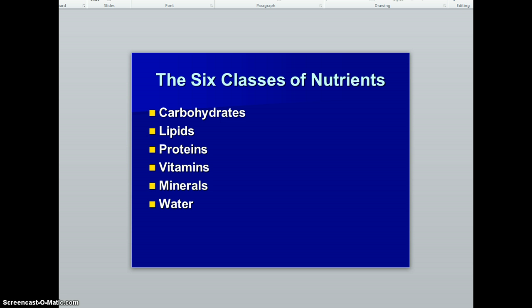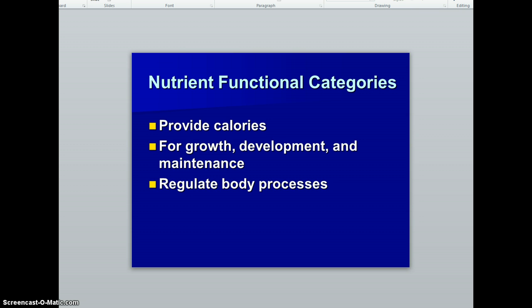Let's get into the nutrients, and we're going to study these much more in depth throughout the semester, but the six classes of nutrients are the carbohydrates, the lipids, which are fats, proteins, vitamins, minerals, and water. Nutrients have different functional categories. They provide calories, they provide for growth and maintenance, they help regulate different processes in our body.